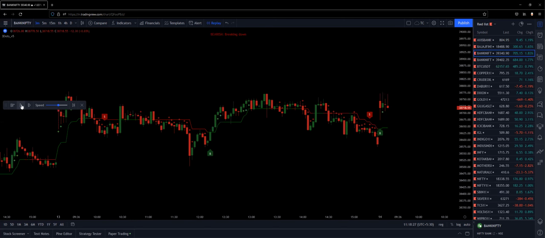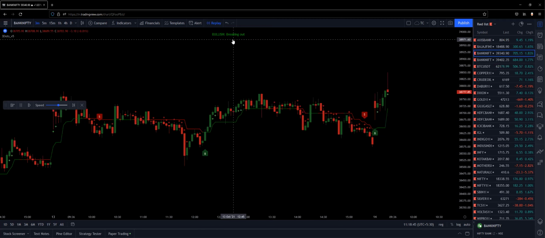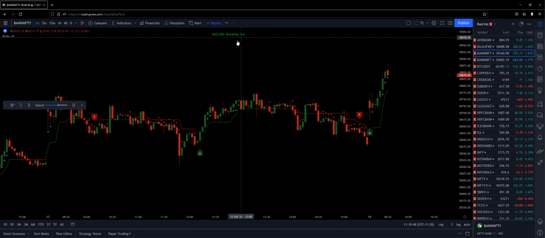So this is the next day opened. If you saw a buy signal here at the very beginning, just after the candle close, you should be going for a buy. Just observe these messages, breaking out.